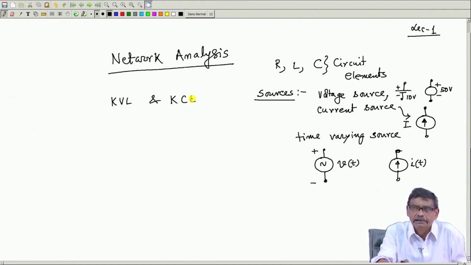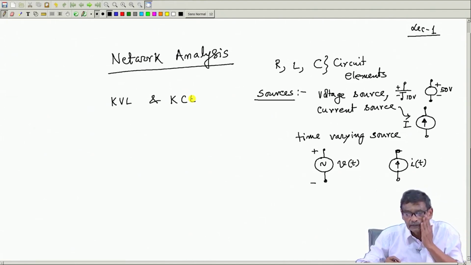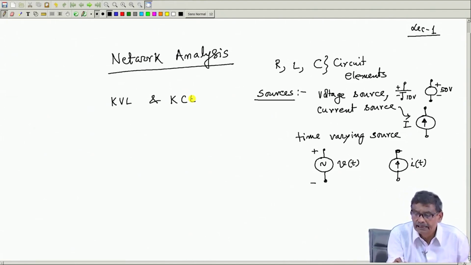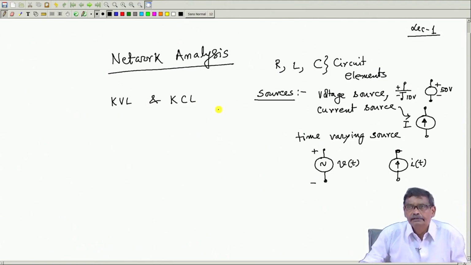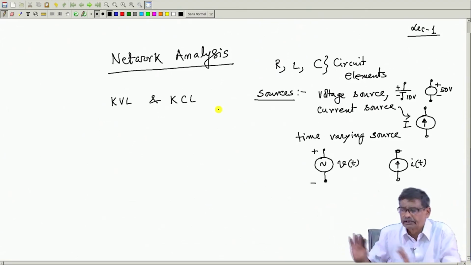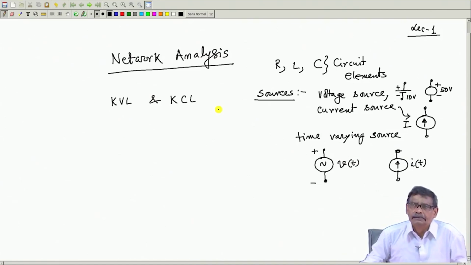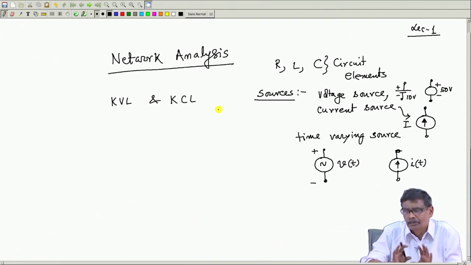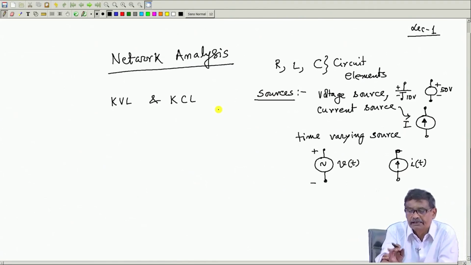We will come to what I mean by this in detail, but with this KVL and KCL, even if you do not know any new circuit theorems or interesting circuit properties, suppose I know only KVL and KCL.